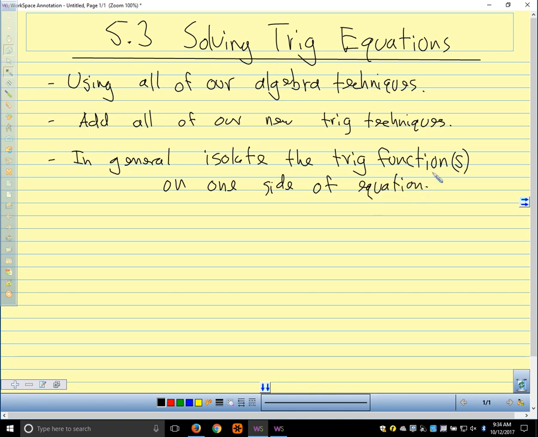So just like we've done in the past with our algebra techniques, we want to get x on one side of the equation, or we want to get x squared on one side of the equation. That's, in general, how we approach solving equations.